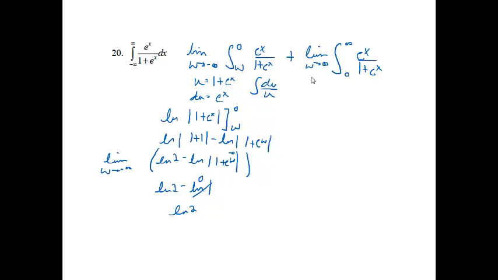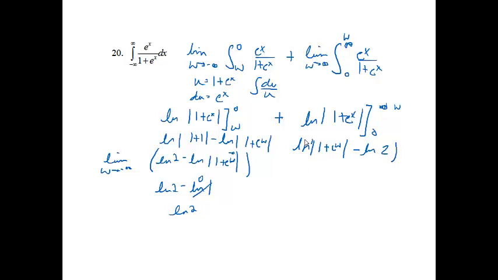And then for this part we'll be adding, when I find the integral again, it's the same thing. So I'll get the natural log of 1 plus e to the x. This time we'll be going from 0 to w, I should have put a w there. So I'll get the ln of 1 plus e to the w minus the natural log of 2 again.